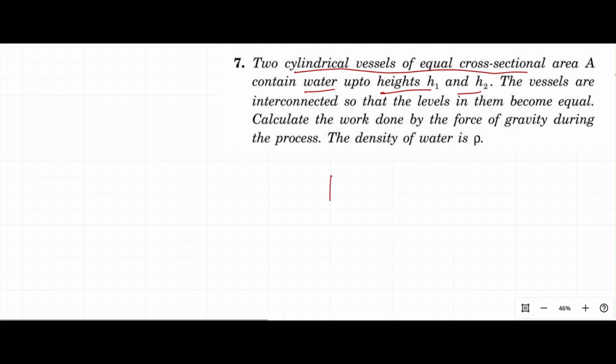So let us see that there are two vessels, and these are the vessels. Just say that these vessels are interconnected.